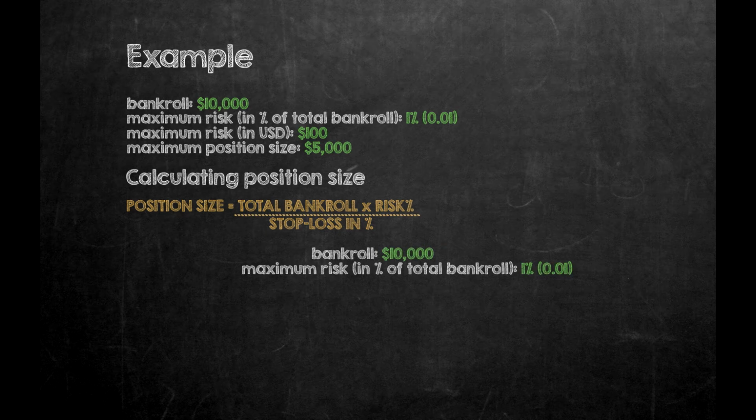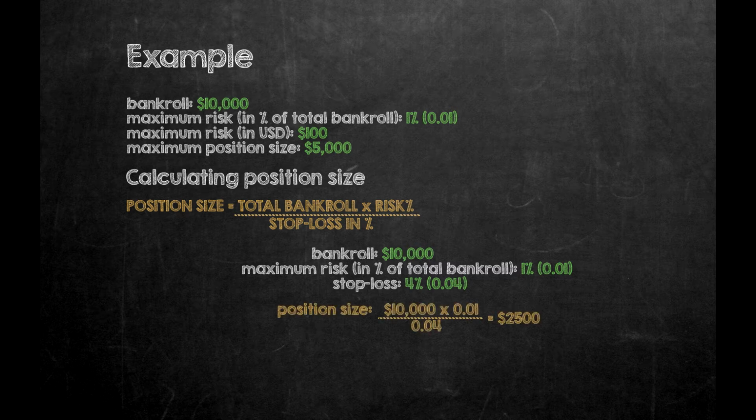Maximum risk you're willing to take is 1%, and the trade you're planning to open has a stop loss 4% away from your entry. So the calculation goes 10,000 times 0.01 divided by 0.04 equals $2,500. So maximum position size in this case would be $2,500.